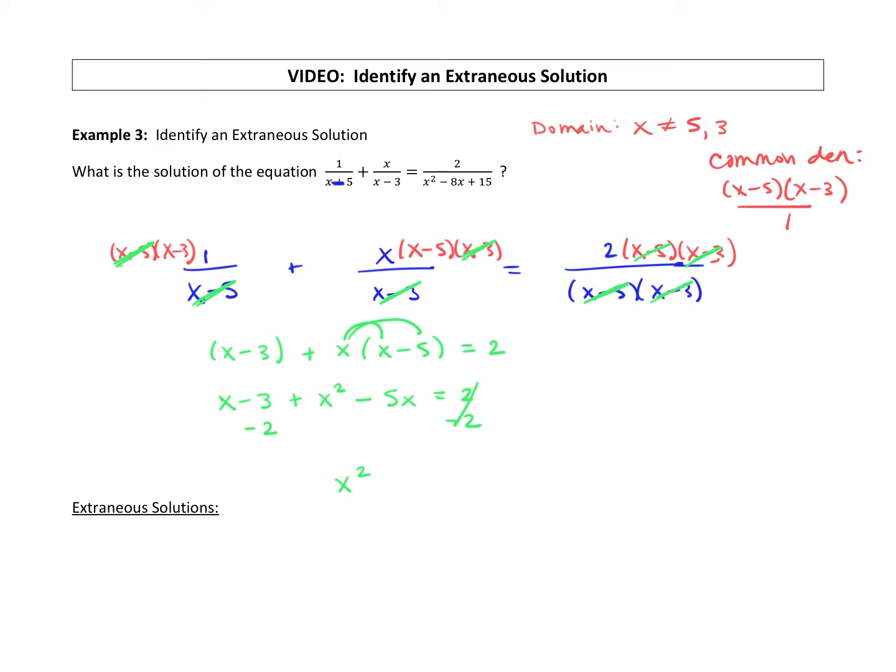Now for any x terms, x to the first power, we have an x right here, and we have a minus 5x. So 1x minus 5x is minus 4x. And then we have a negative 3 minus 2 that we're going to combine to give us a minus 5, and then equals 0.